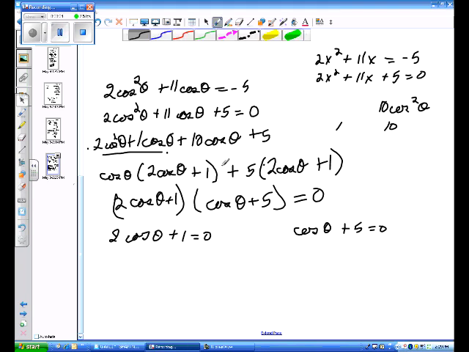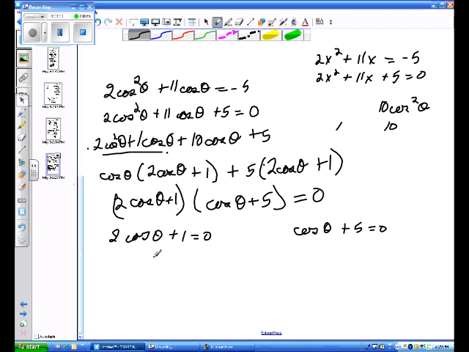I'm not sure why that kept cutting out, but we've got it written: 2 cosine theta plus 1 equals 0. We would subtract 1, and then divide by 2. So cosine theta equals negative 1/2. Here cosine theta equals negative 5.